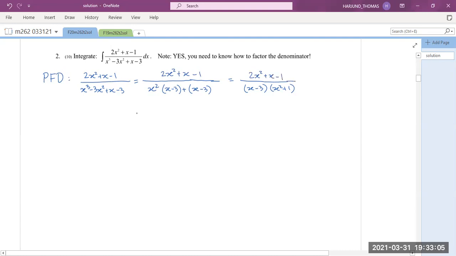Okay, so I will break it up to be a over x minus 3 plus the fraction with x squared plus 1 in the denominator. That's degree of 2, so on the top has to be degree of 1.